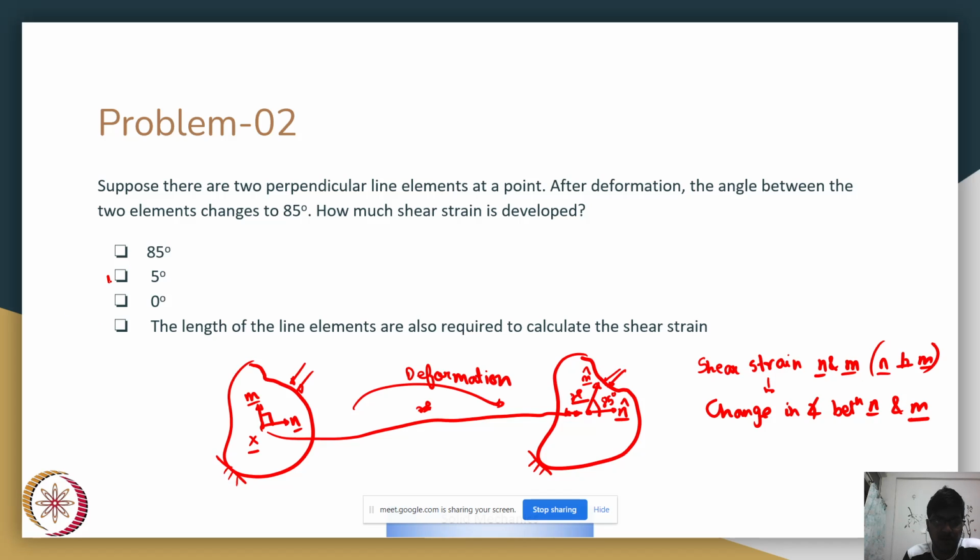Does anyone remember the formula for calculating shear strain? Twice the strain tensor matrix, n dot m. Yes, twice the strain tensor.